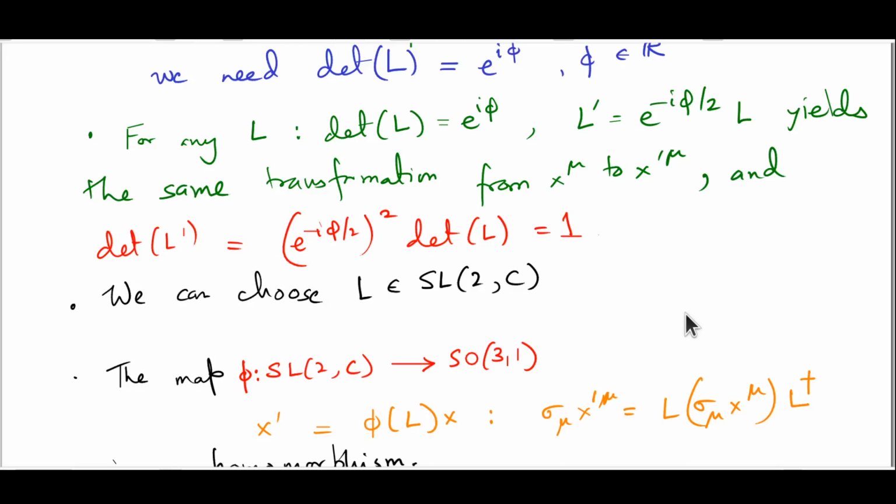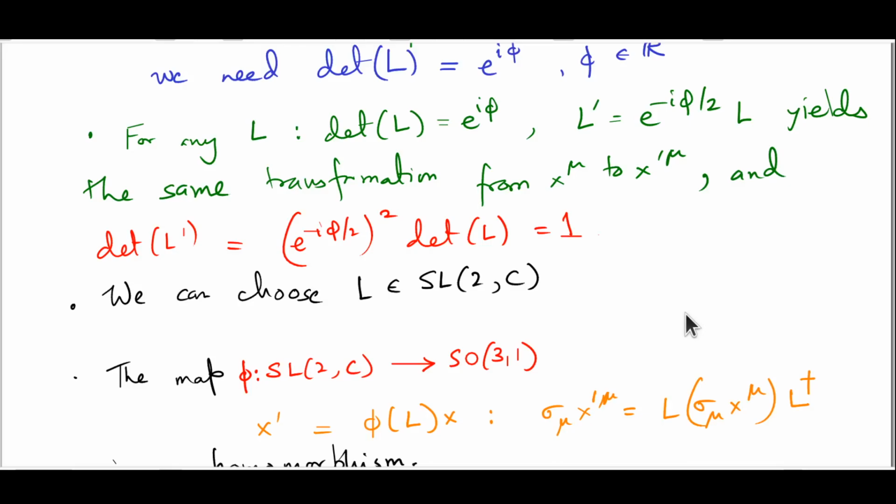For any SL2C matrix, an arbitrary 2 by 2 matrix with no other restrictions apart from the fact that the determinant is 1, I get a phi L, and phi L acts on a 4 vector X. I can think of phi L as essentially giving me a 4 by 4 matrix. It acts on X and linearly produces a new column vector, a new 4 vector X prime.